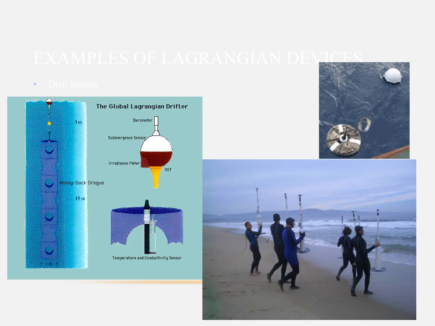Okay, so these are some other examples of Lagrangian devices. These are referred to as drift bottles. Drift bottles could be anywhere from that non-scientific message in a bottle idea, to things like current drifters, which fall in this category.